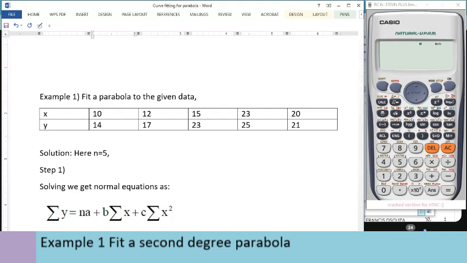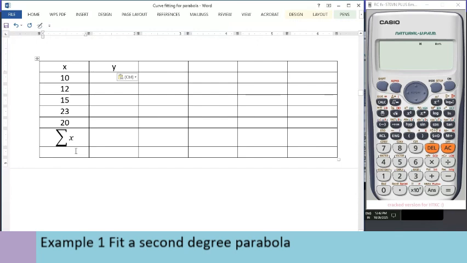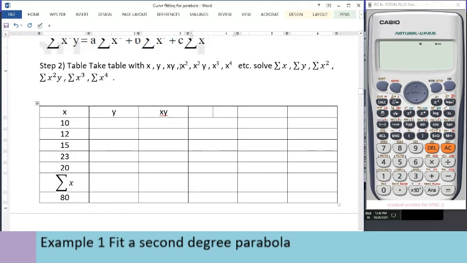Please calculate the sum of all the y. Okay, so it is 80 in this case. Please calculate x, y, students. Then you calculate immediately x square, then x square y. Then you calculate x cube.